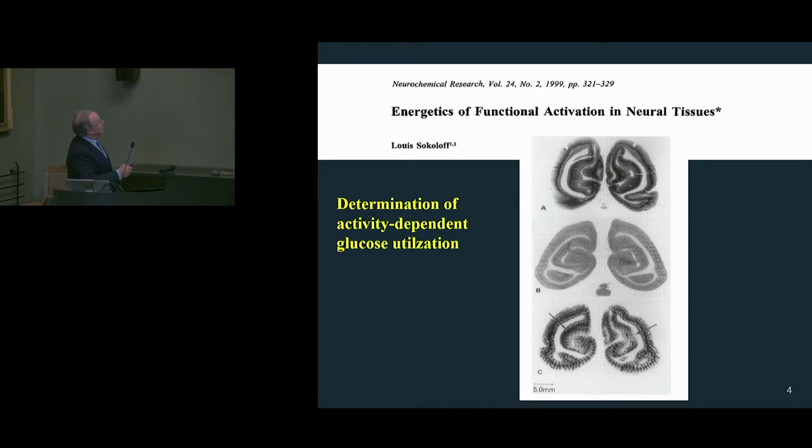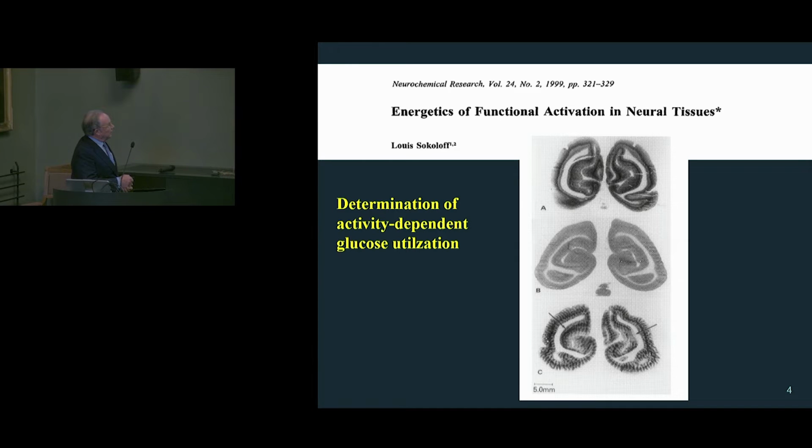And then in the 60s and 70s, Louis Sokoloff showed that not only does extra energy come when the neuropil is active, this is also the case for metabolic coupling. In other words, glucose utilization.